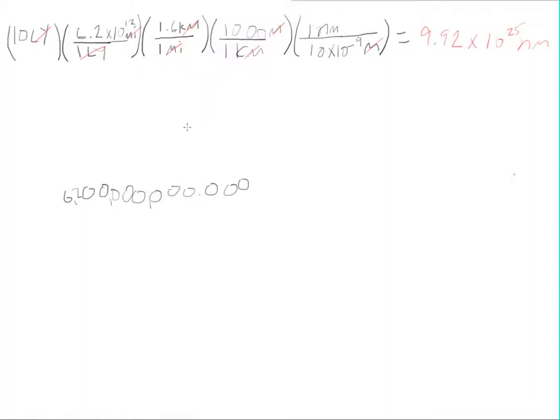If somebody gives me, let's say, 15,000 kilometers, I know right away that if I want to get this to meters, all I have to do is say, okay, 15,000 kilometers is equal to 15,000 times 10 to the 3 meters.